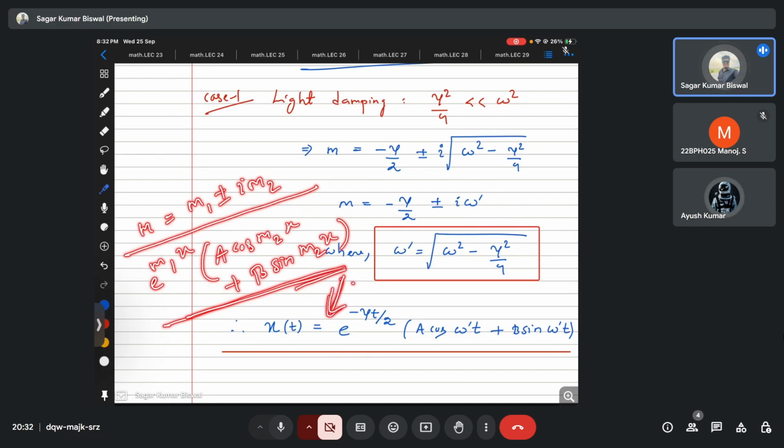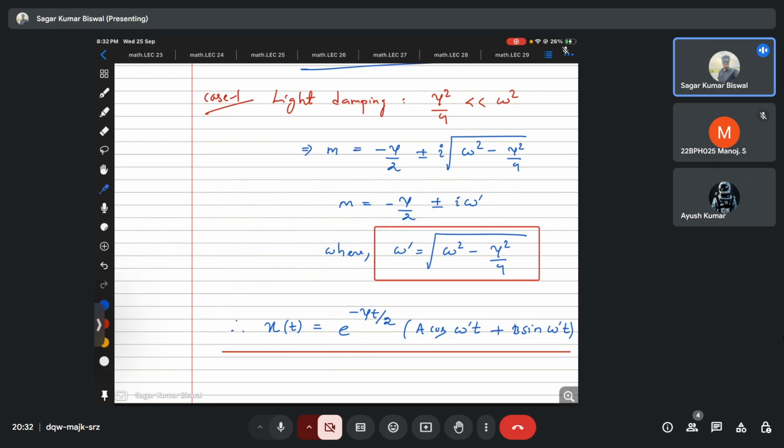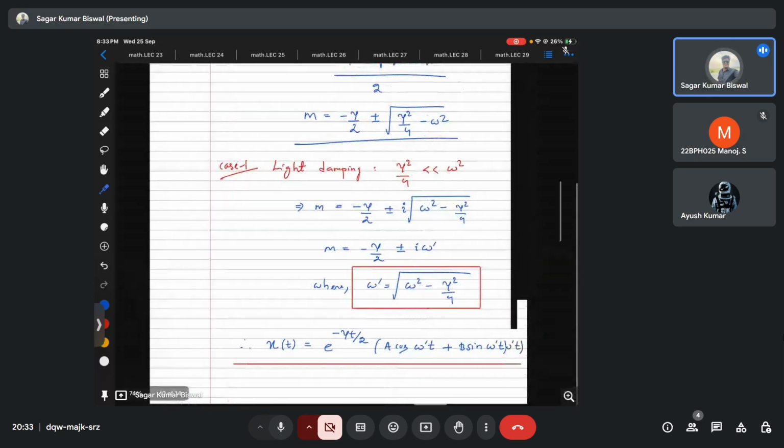So what is m1 here? This m1 is minus gamma by 2, and m2 is omega dash. So this is the root, and here we solved the case for light damping. So let's see.